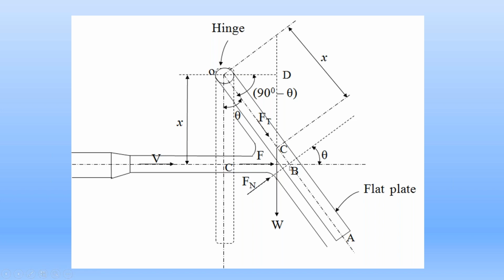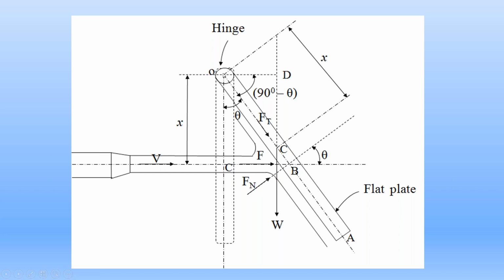To find this length OB, take the right angle triangle OBC. In that right angle triangle OBC, with respect to the angle theta, we need this length OB, which is the perpendicular distance from point O to the line of action of force Fn.